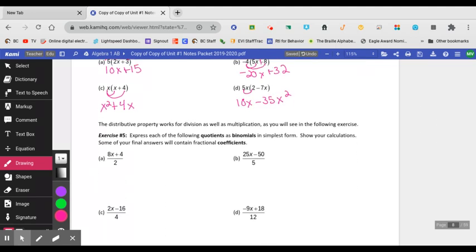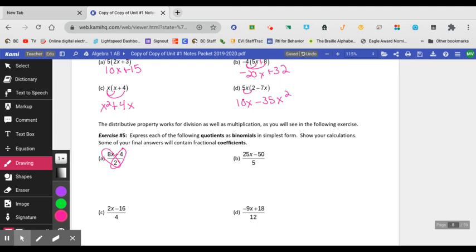The distributive property works for division as well. As you can see in the following, express each of the following quotients as a binomial. Quotients, division. Binomial, again, 2 terms. So really what we're doing here, because our dividend is a monomial, or 1 term, we're going to divide each term in the numerator by the denominator.